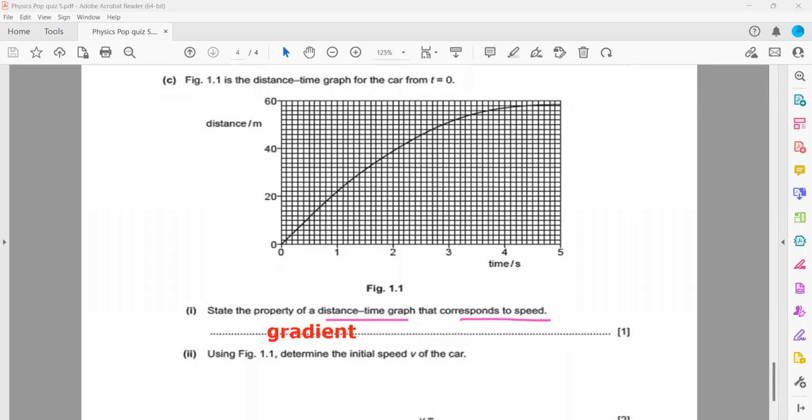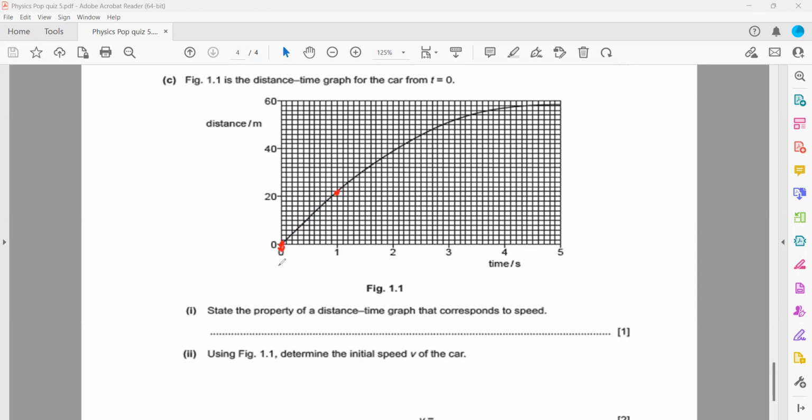Next, use figure 1.1 to determine the initial speed. We have to determine the starting speed, which means this part, where it is a straight line. So what we can do is take the gradient of this part. How do we take a gradient? In this part we can take any point, like this point, and the second point I'm taking this one.